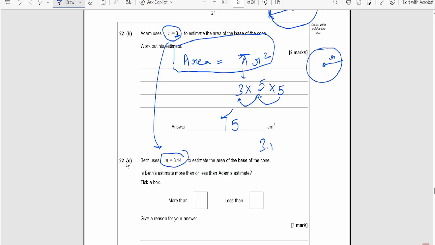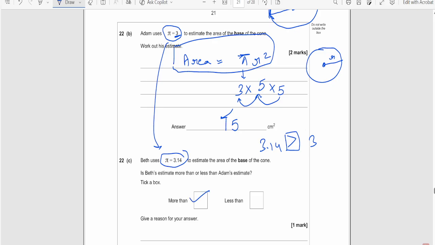So if I plug in 3.14 instead of 3, my answer should be greater. That's why it is more than, okay?